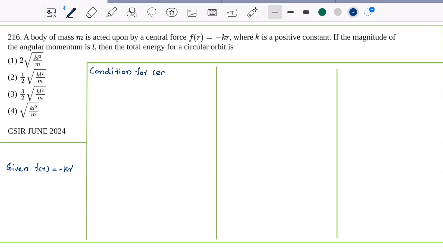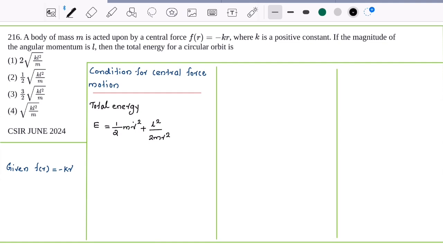Now let us write the condition for central force. What is the condition for central force motion? For a central force motion, the total energy E is given by half m r dot square plus L square by 2m r square plus V of r, where V of r is the potential.